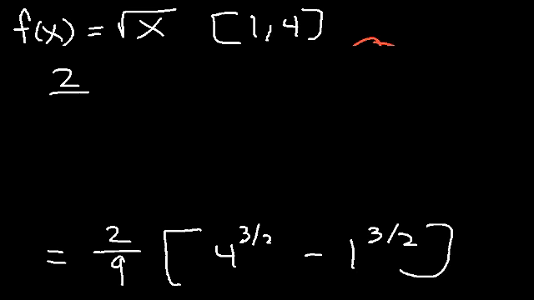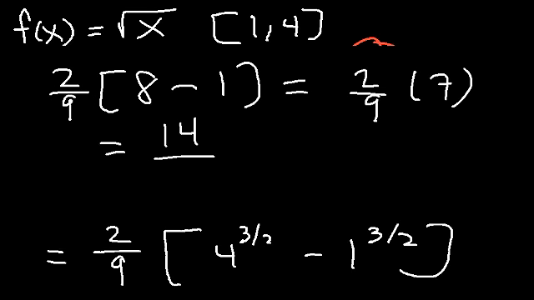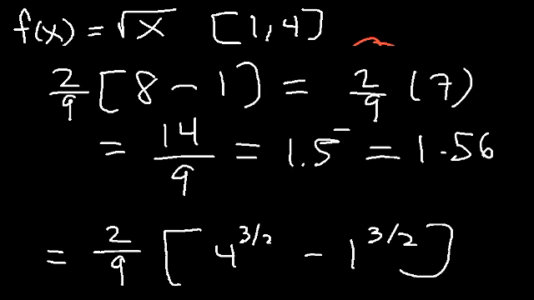So this is 2 over 9 times 8. 1 raised to anything is simply 1. So 8 minus 1 is 7, and 2 times 7 is 14. So this is 14 over 9, which as a decimal is about 1.5 repeating, which if we round it, we could say it's about 1.56.